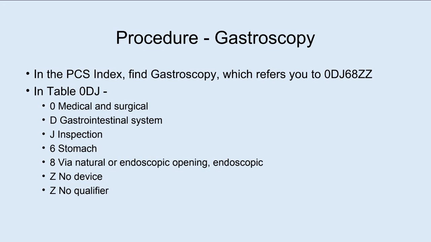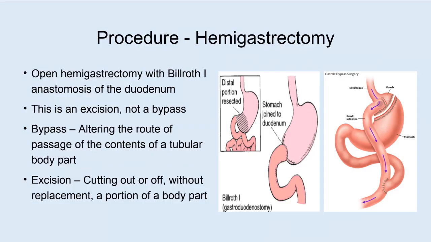So let's move on to the hemigastrectomy. This was an open hemigastrectomy with Billroth 1 anastomosis of the duodenum. You may see the word anastomosis and think, wow, is this a bypass? Well, let's look at the appendix again and look at the definitions of these.